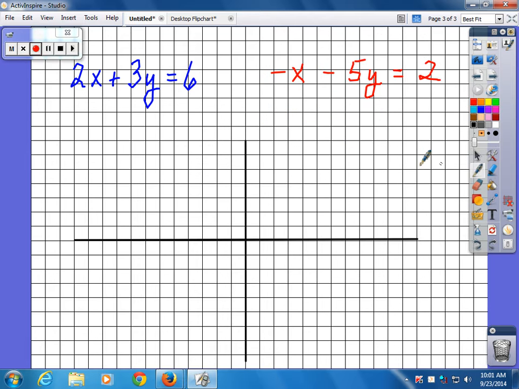So my y-intercept, my x-intercept, we'll do it in blue. X-intercept, 0 for y.